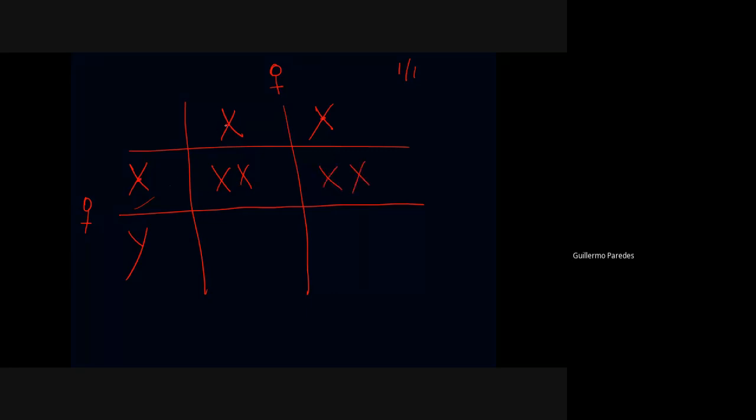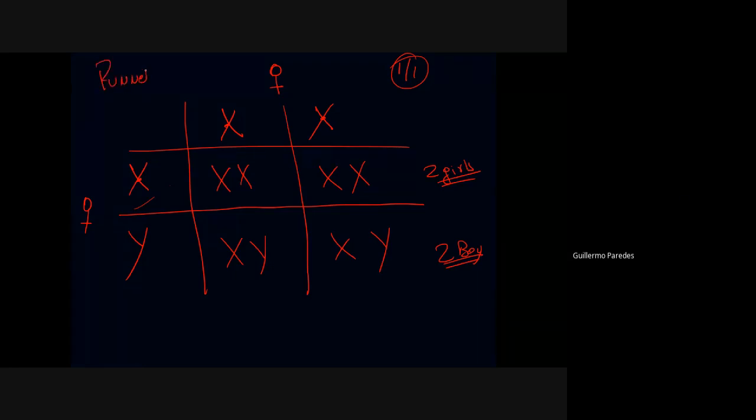Then combine this X with this Y, XY. And then combine this X with this Y, XY. So we have 2 boys and 2 girls. That's why we have a 1-to-1 ratio. There are some exceptions, like 3 boys and 1 girl, but the most common is this. What I just described is the Punnett square.